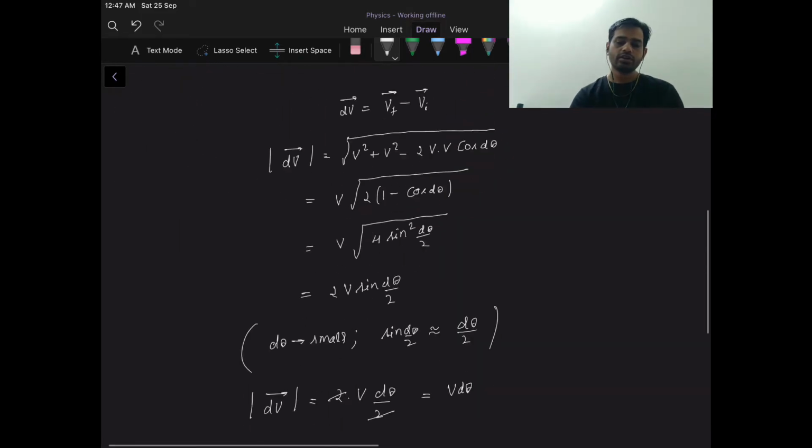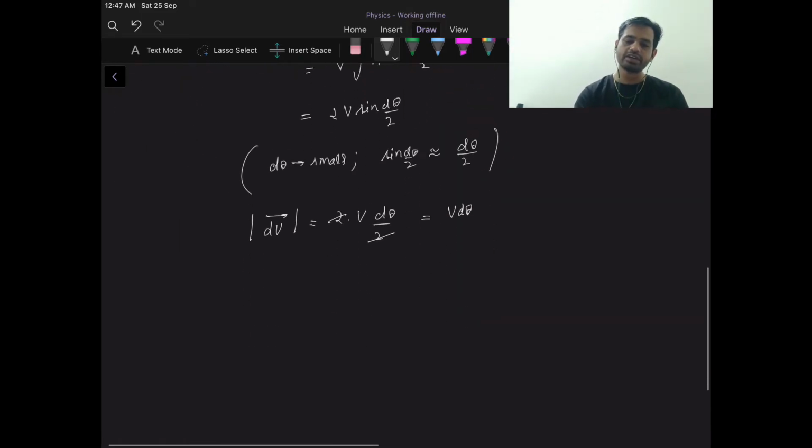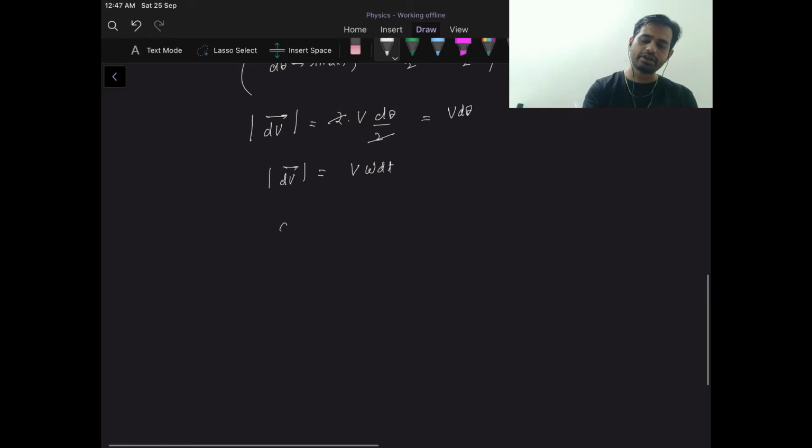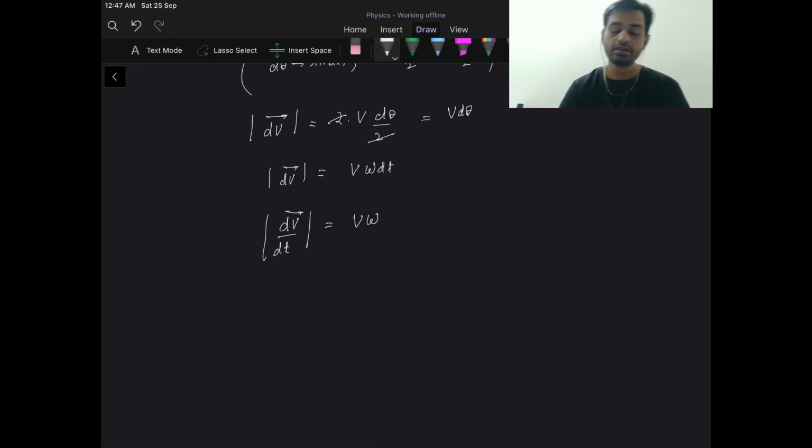Right, so we can substitute the value of d theta here. So what will be the value of dv? The value of dv is equal to v into omega into dt, and dv by dt, this whole magnitude, will be equal to v into omega, right?